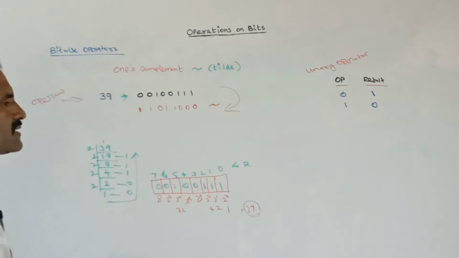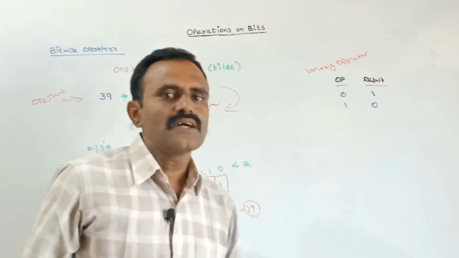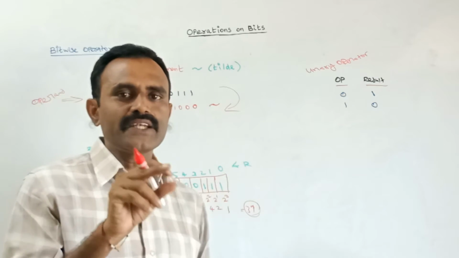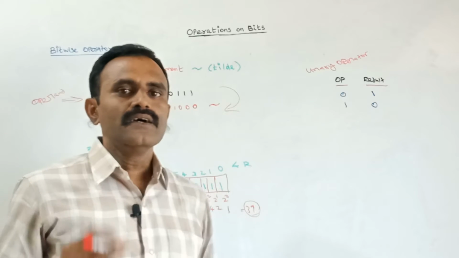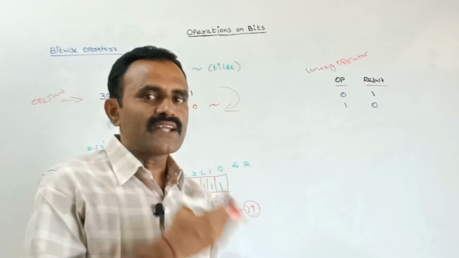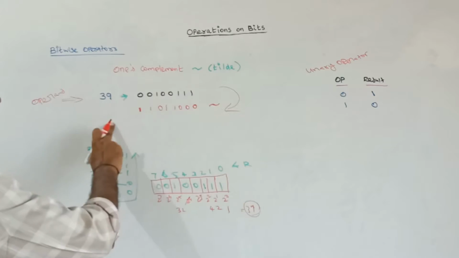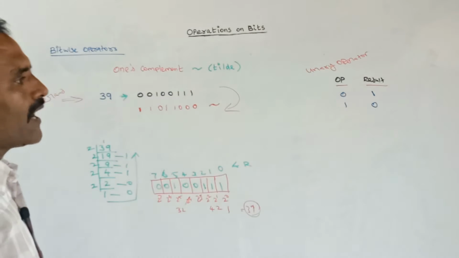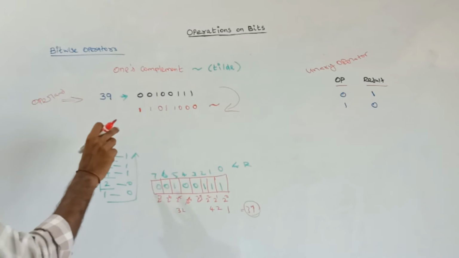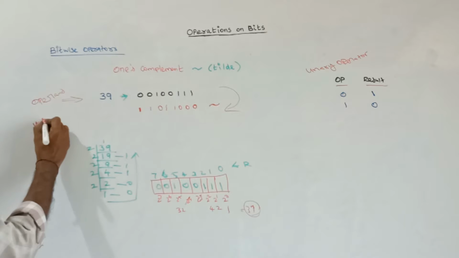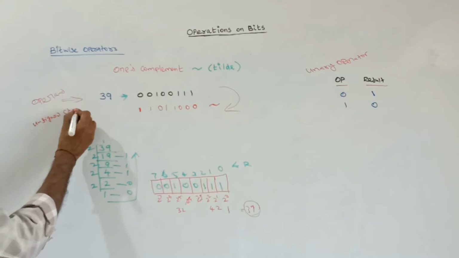We have already studied that for signed types, the last bit, the MSB, is taken for the sign. For unsigned data types there is no sign bit. Suppose we declare a variable as unsigned character.